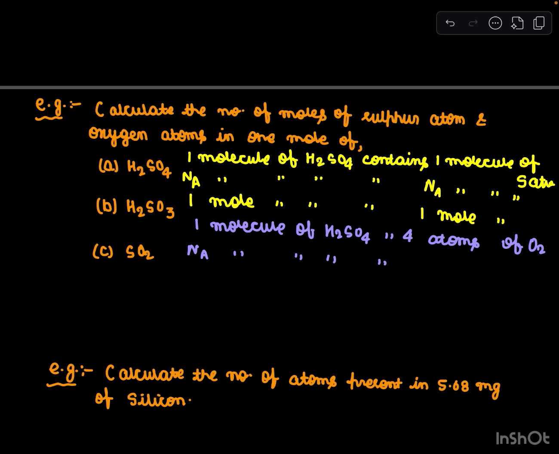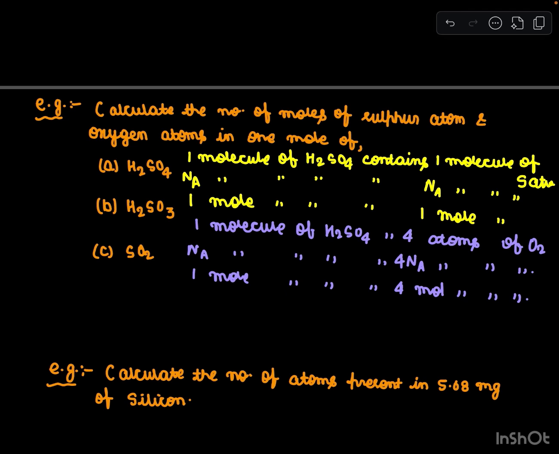So if we multiply both with Na, Na molecules of H2SO4 will contain 4 Na atoms of oxygen. Now, Na molecules means 1 mole. So 1 mole of H2SO4 contains 4 moles of oxygen atoms.